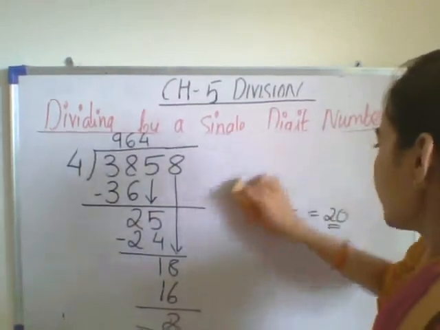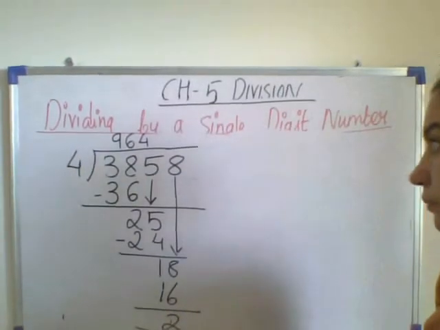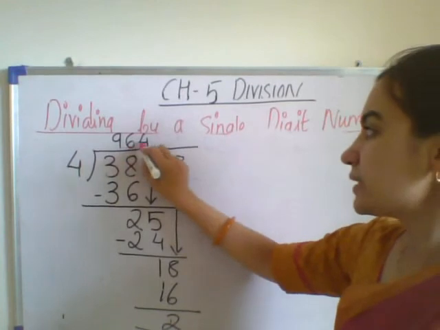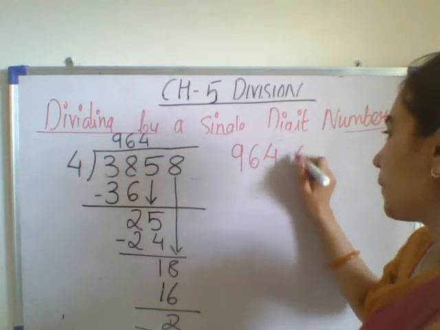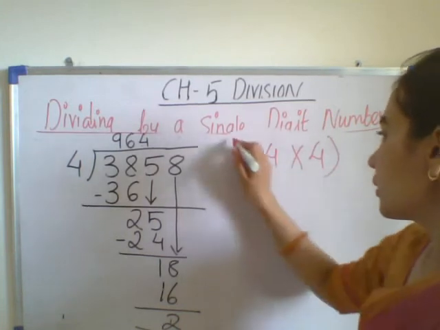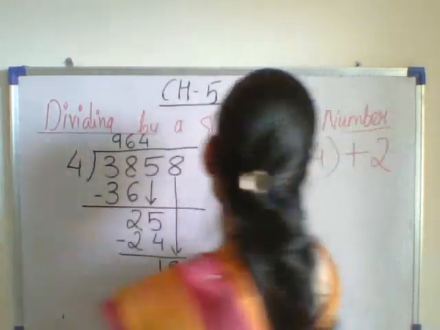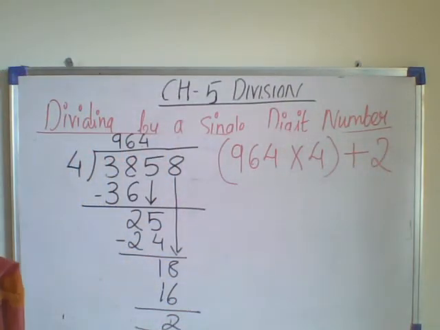Now how to check the division, whether the division that we have done is right or not. What we'll be doing, this is our quotient. Our quotient is 964 multiplied by 4 plus 2. So first we'll be doing this multiplication, then we'll be adding the 2 to this.